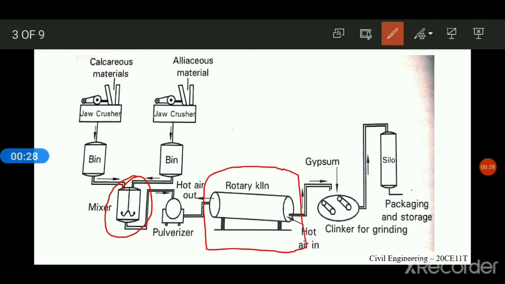I'll explain this portion. After mixing calcareous and argillaceous materials, it is fed into the rotary kiln for burning.